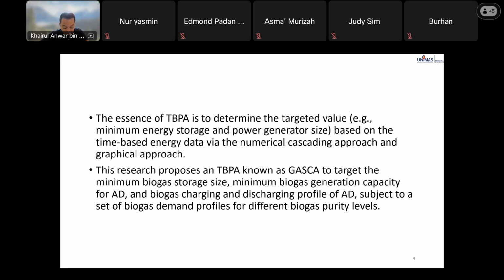On the other hand, TVPA could be a simpler alternative for facilitating the development of decentralized biogas system, which originated from the WTA for interpreting renewable heat energy system, yet to be extended for the design of biogas distributed generation system serving hybrid demand type that require different biogas qualities.